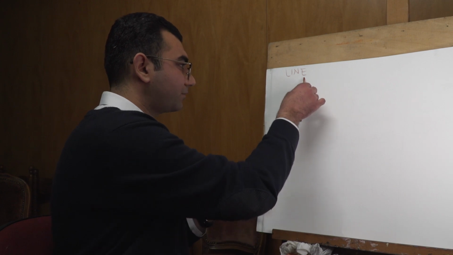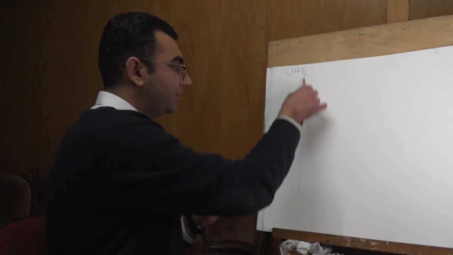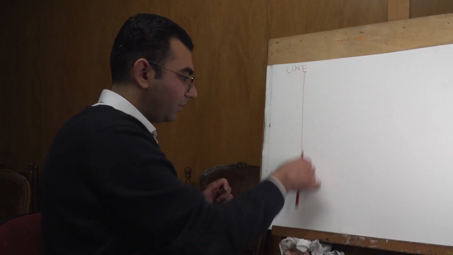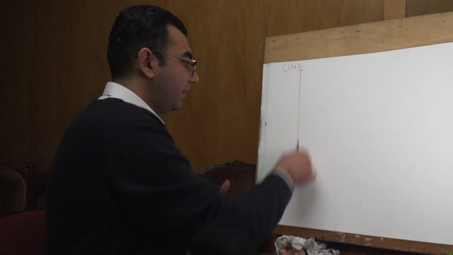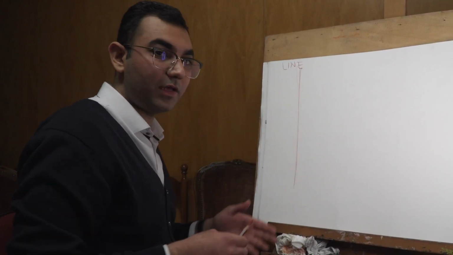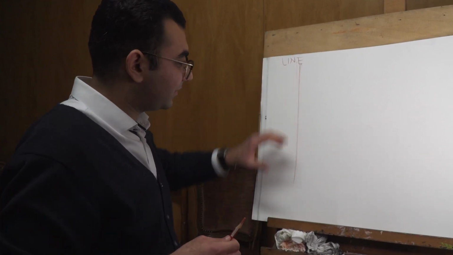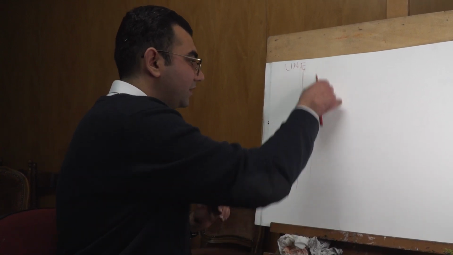For example, if you want to draw a line like this, try to move your arm and shoulder, and you shouldn't really press the page. You don't need any pressure here. And then try to repeat each line 3 or 4 times. It helps you to get clearer lines.